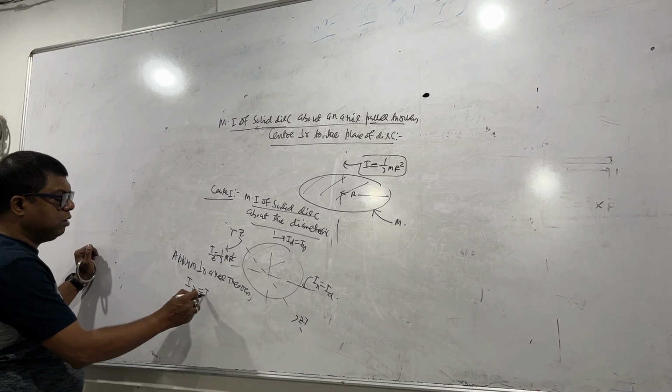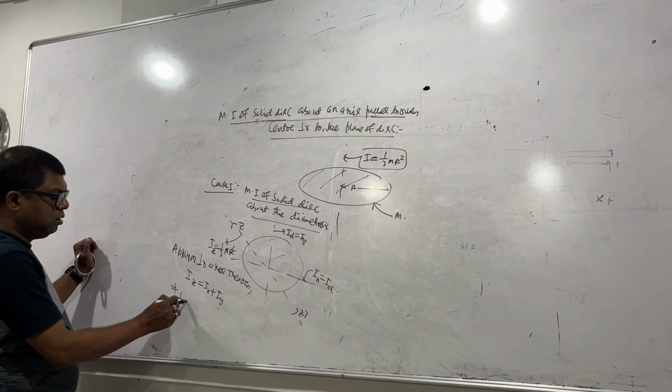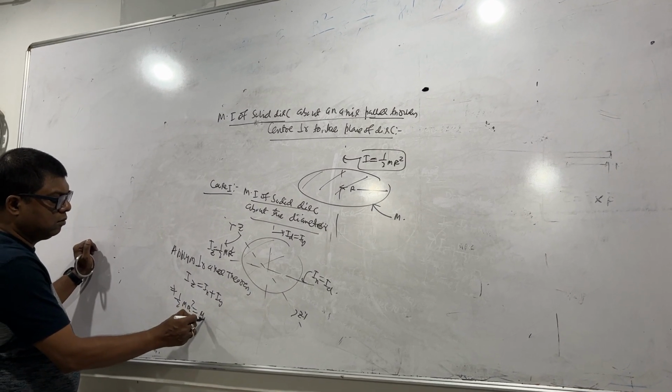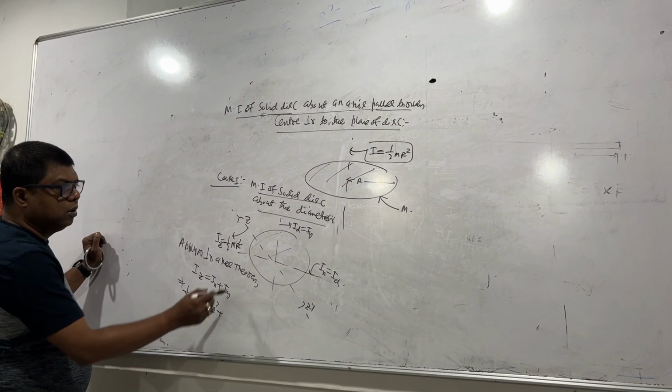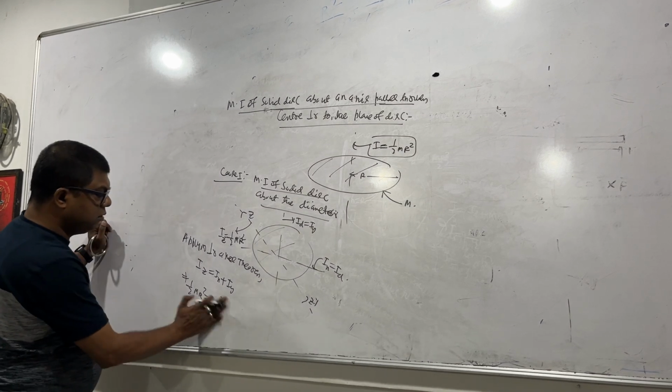So half MR square is equal to ID plus ID.